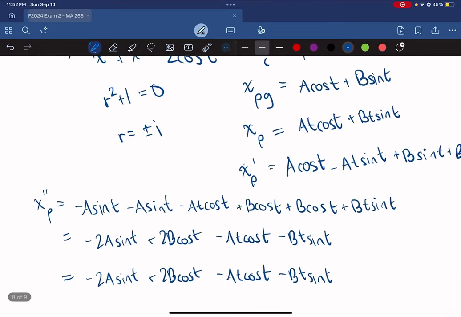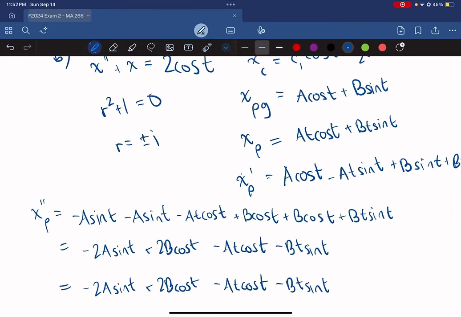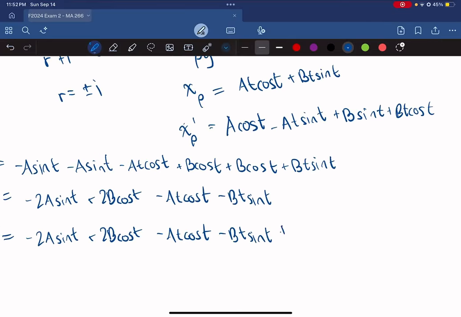So for x, we're just going to use that. So plus at cosine t plus bt sine t, and all that equals f of t, which is 2 cosine of t.